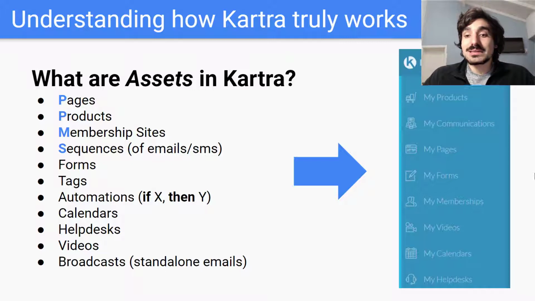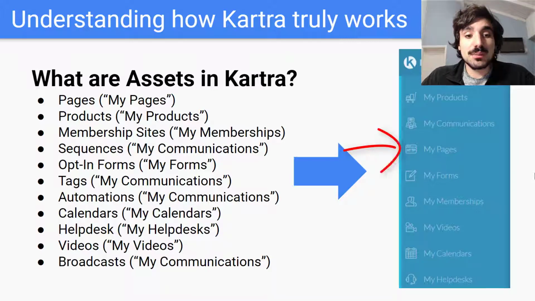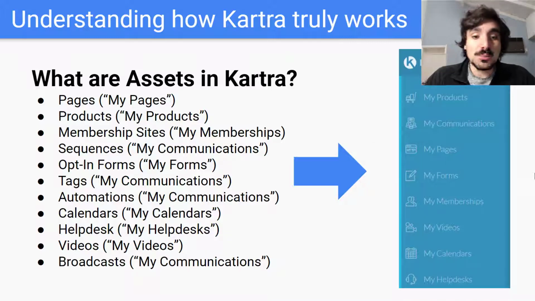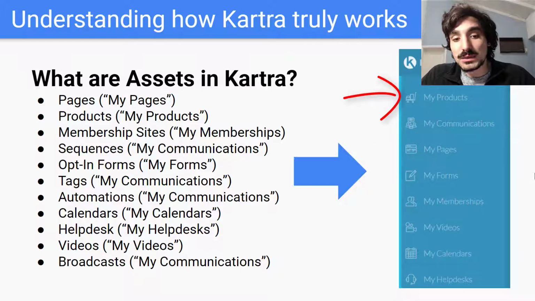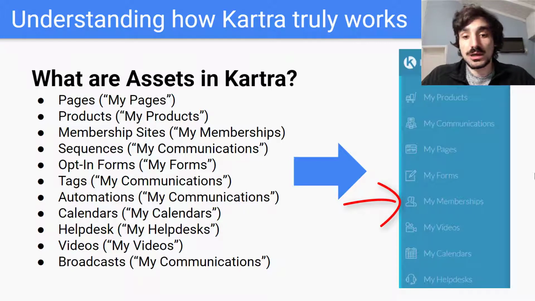You will realize that these sections are actually what build your assets. So if you take a look here, pages are built under my pages section. Products are built under my products section. Membership sites are built under my memberships section, which is pretty obvious, right? The name is indicating what kind of assets are built over there.